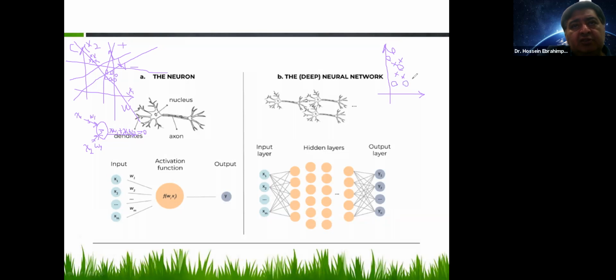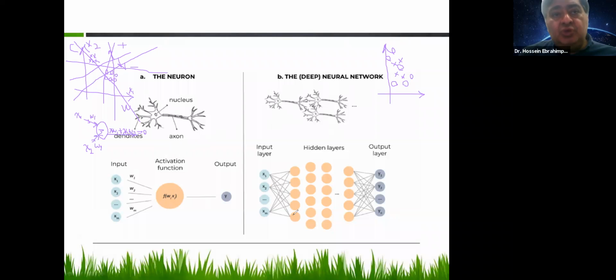You cannot use any line to discriminate between these two different points because they are not linearly separable. So one neuron cannot solve this problem. Instead of that, we need a neural network system, which is a system based on several neurons.